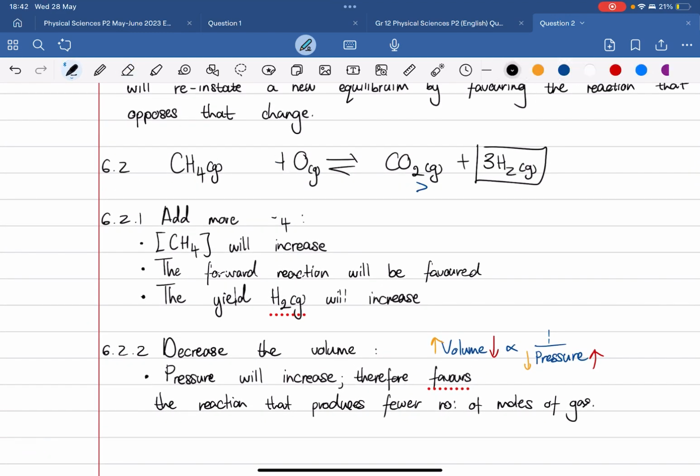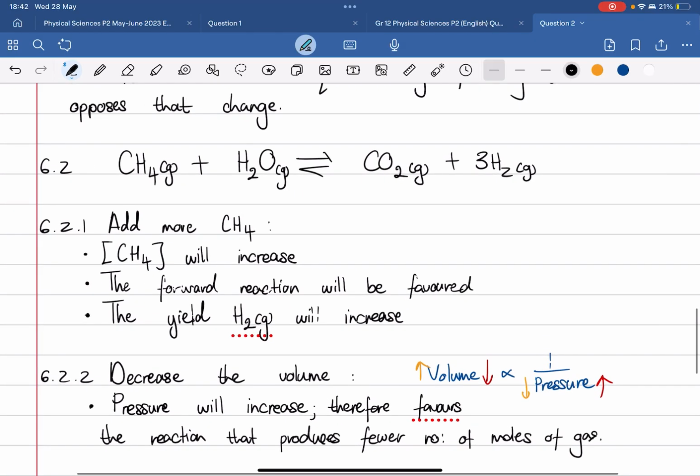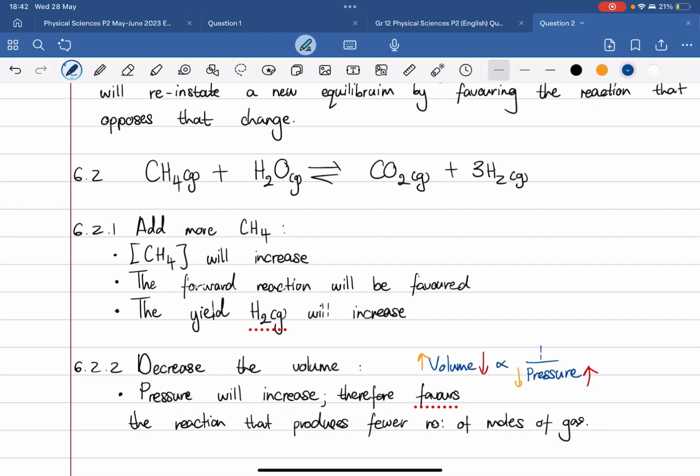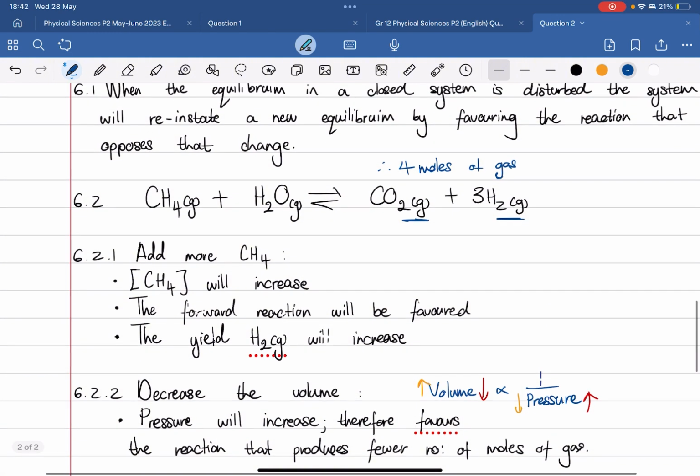It's quite simple, really. When we look at the forward reaction, the forward reaction produces two gases, carbon dioxide gas and hydrogen gas. So you've got 1 mole of carbon dioxide gas plus 3 moles of hydrogen gas. So therefore the forward reaction will produce 4 moles in total of gas. That's the forward reaction.